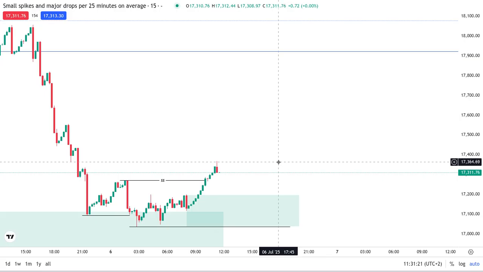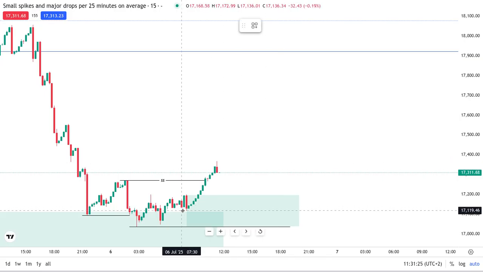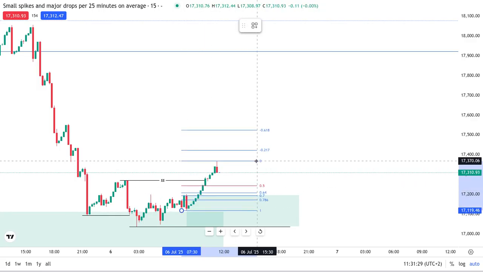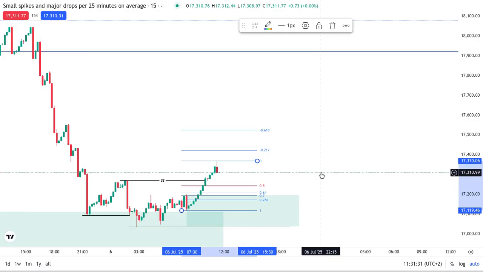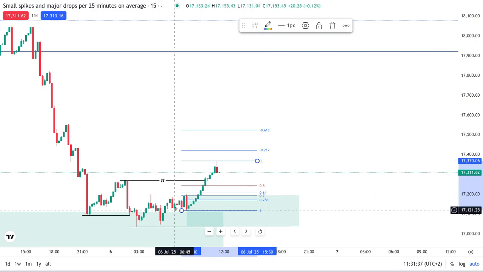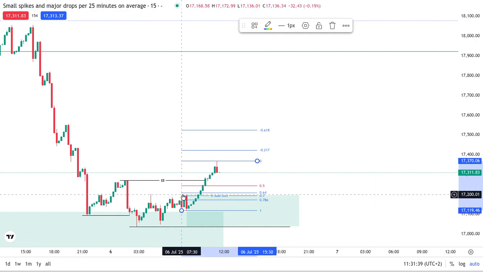Okay, so now we're going to use our Fibonacci tool right there. Place it up there, and then if we had to take any entries, it would be at the 70%, which is there, and it's marked up perfectly. It's lined up perfectly with our demand. If we had to take long entries, we'll take them up there.